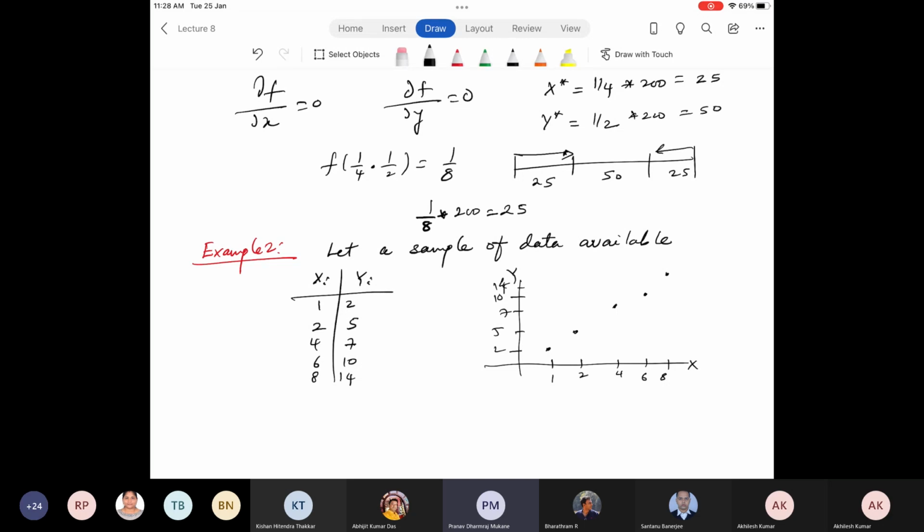Now, I want to find a line which minimizes the sum of squared errors.